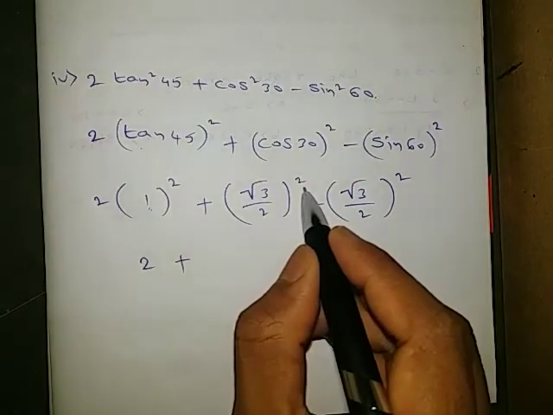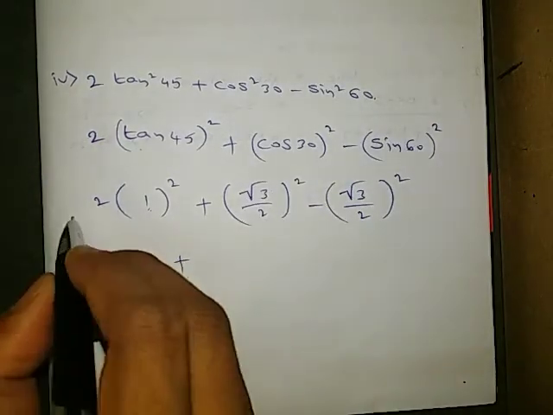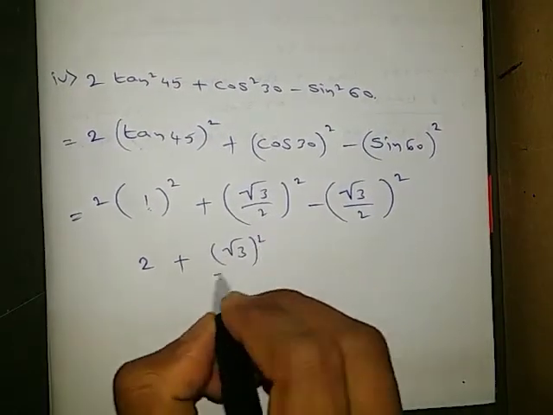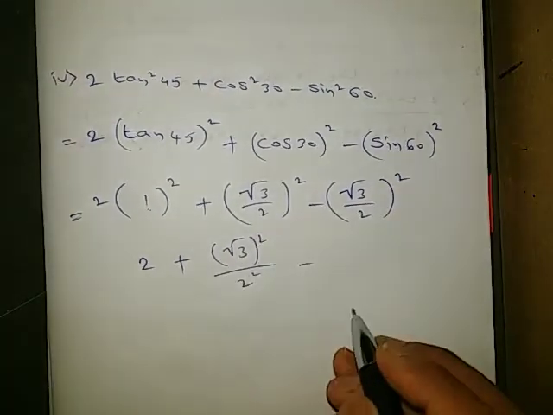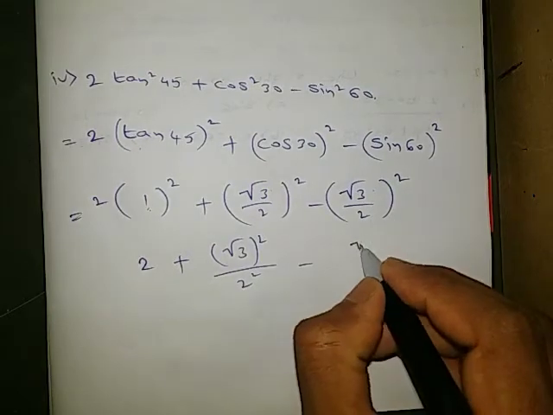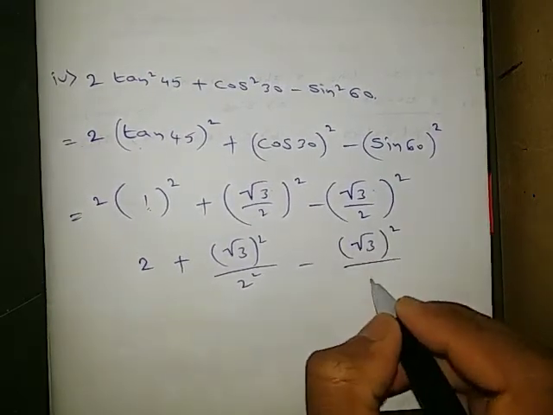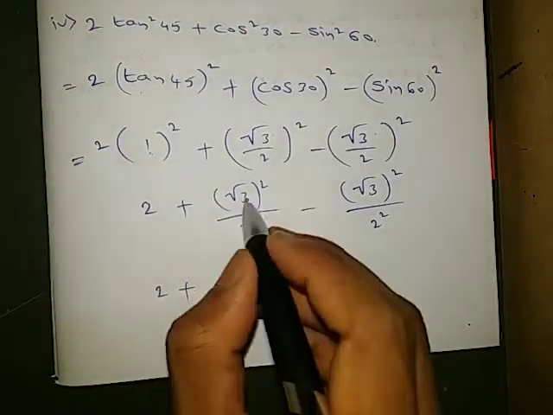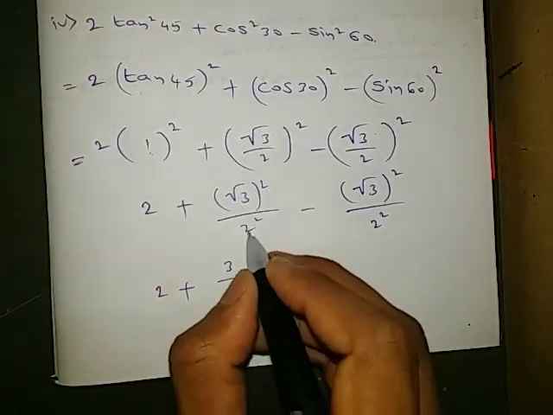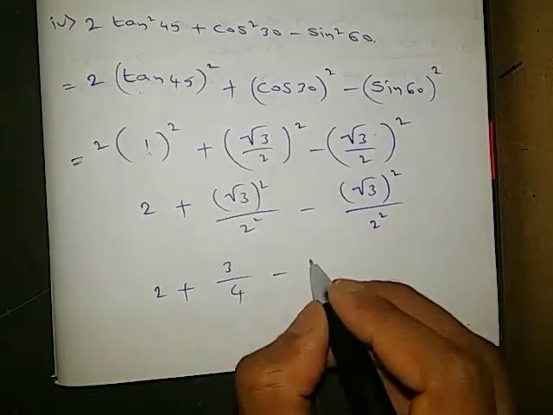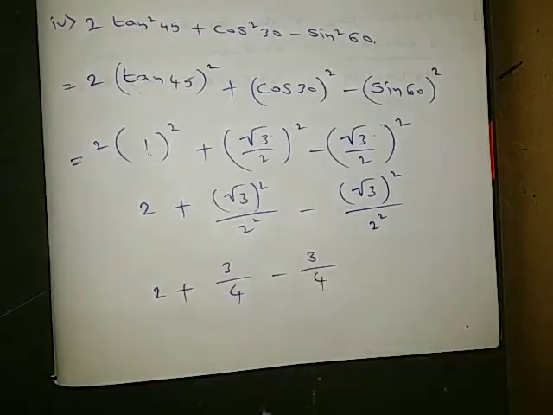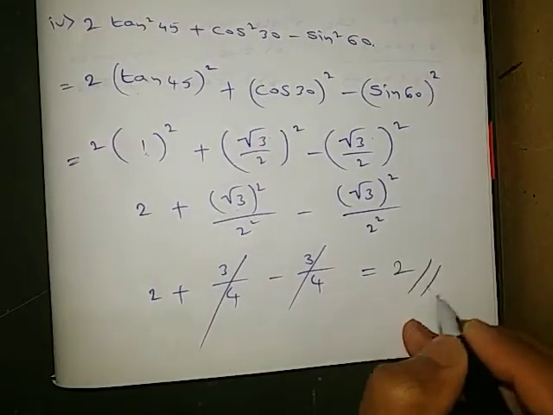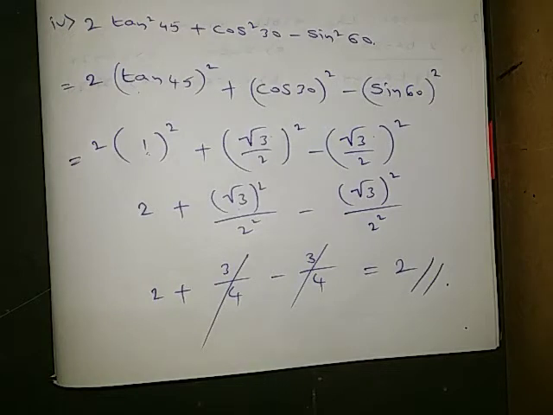Now the square is applicable for the numerator as well as the denominator, so let us separate that. Root 3 by 2 whole square can be written as root 3 whole square divided by 2 square. So we get 2 plus root 3 square 3 by 2 square 4, minus root 3 square 3 by 2 square 4. Plus 3 by 4 minus 3 by 4 will get cancelled. So we remain with 2.